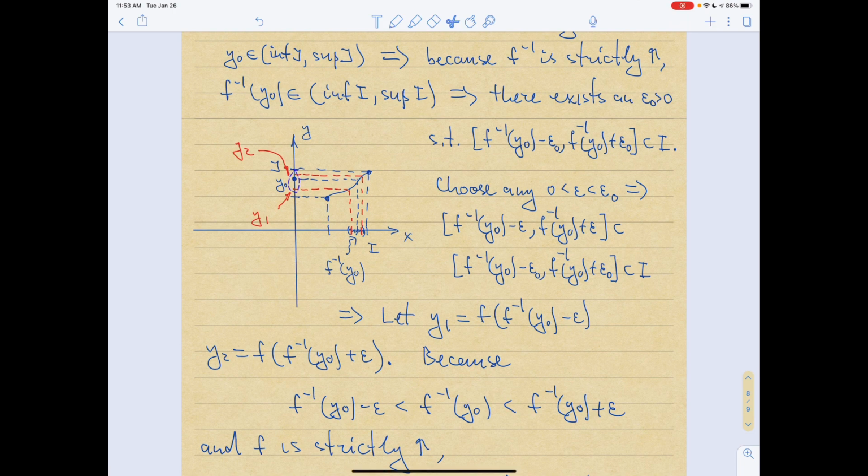What do we see? That if we apply f inverse to any y in this red interval on the y-axis, the outcome of that must end up inside the red interval on the x-axis.